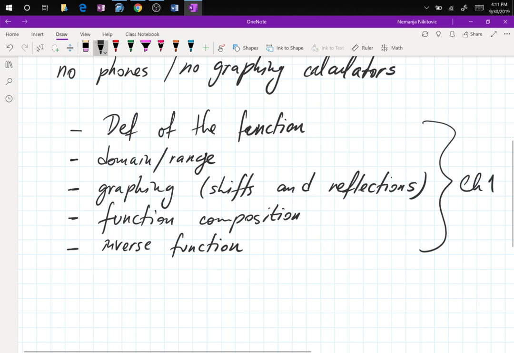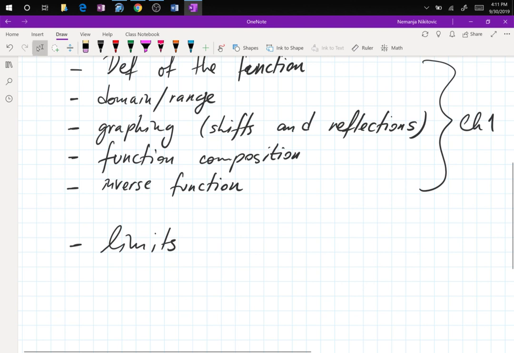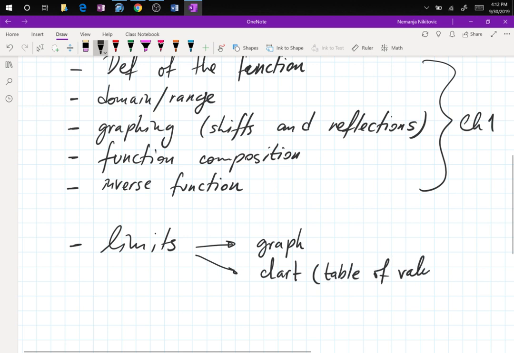Then we jump into chapter 2, which is limits. For limits, we have a whole bunch of different ways to take the limit. One way would be to use the graph. Another way would be to use the chart or table of values. We did both of these in 2.2.